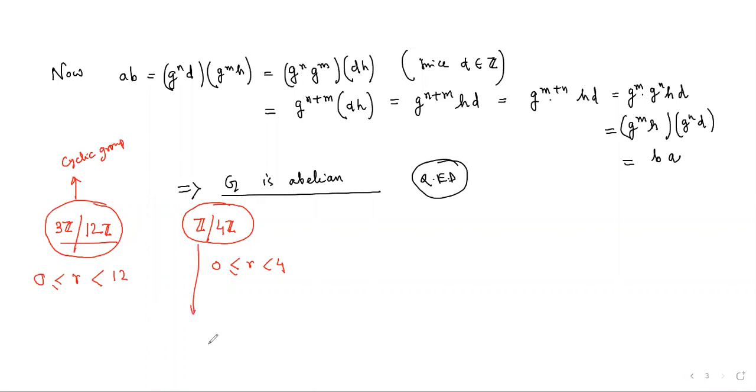This group is the cyclic group. And what is 3Z and Z? They are abelian. We already know the fact, but suppose this fact is not known to me. Suppose I'm not dealing with the set of integers.